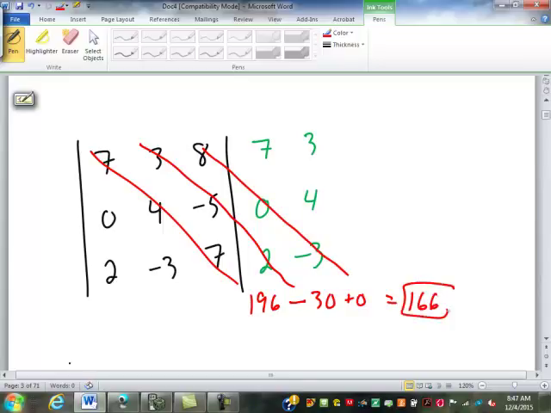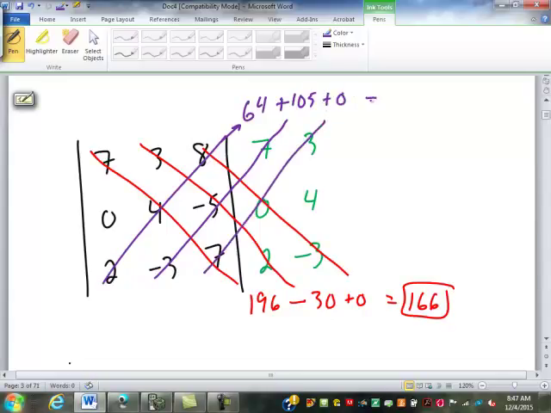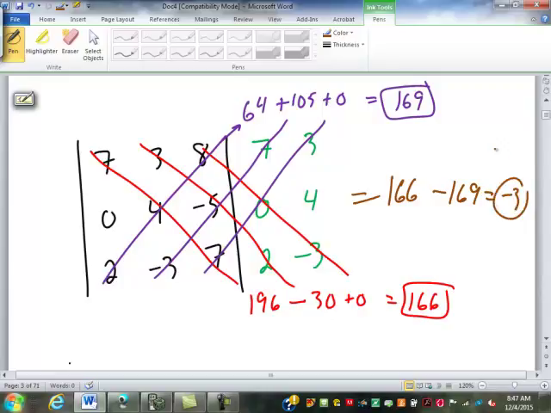So 166 is the down total. How many of you had 166? Going up. 248. 624. Negative 3, negative 5, 7, 105. 703. 0. So a 169 up total. 166 minus 169 equals a negative 3. We got negative 3. Okay.